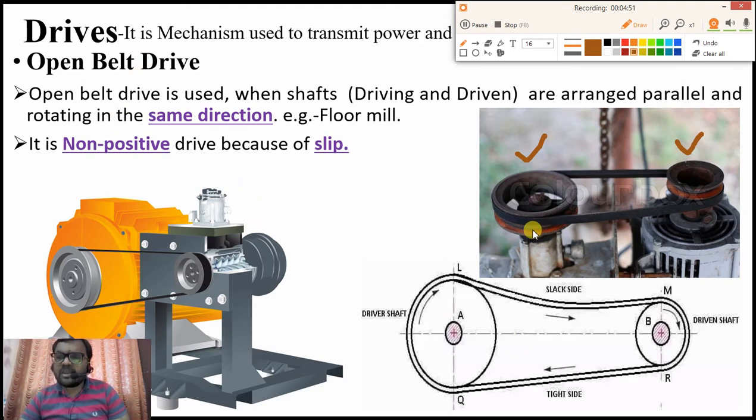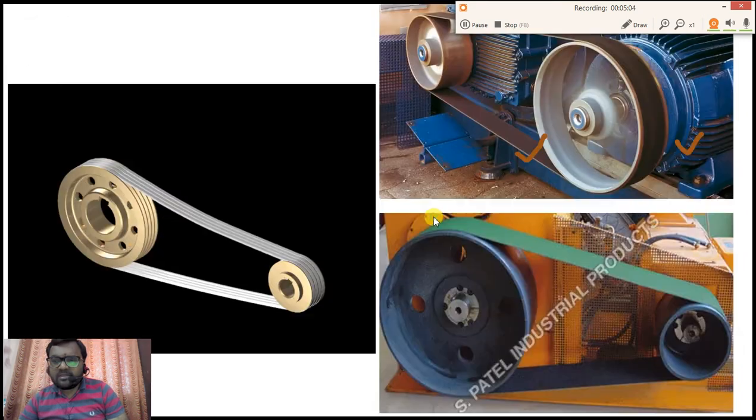One is a flat pulley and second is a groove pulley. So whenever pulley is having groove, then it is called as a grooved pulley and it is a positive drive. But whenever pulley is flat in cross section, here flat pulley is there, here flat pulley is there, so it is called as a non-positive drive.